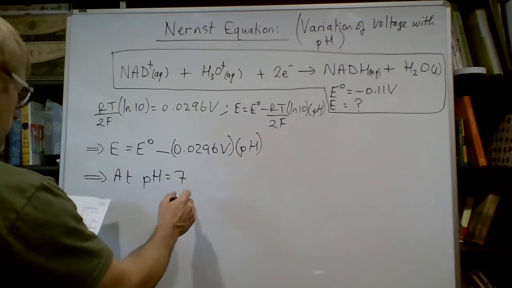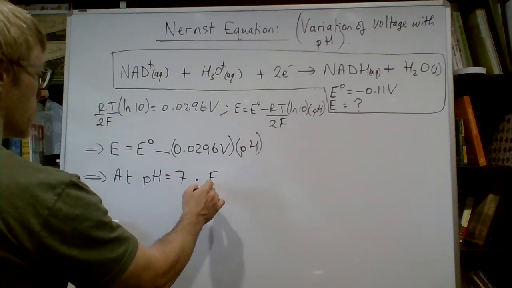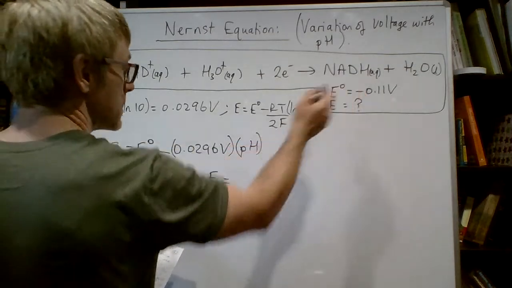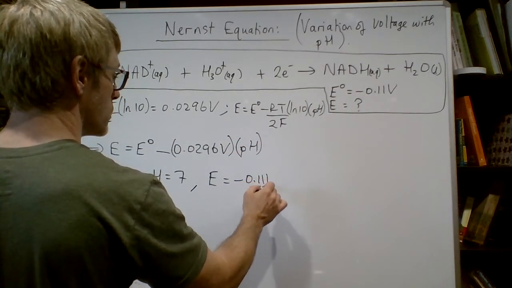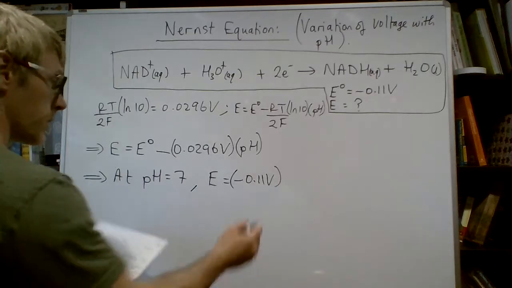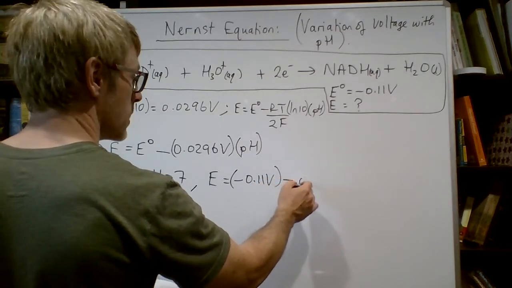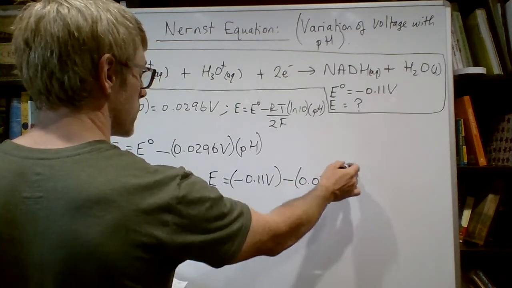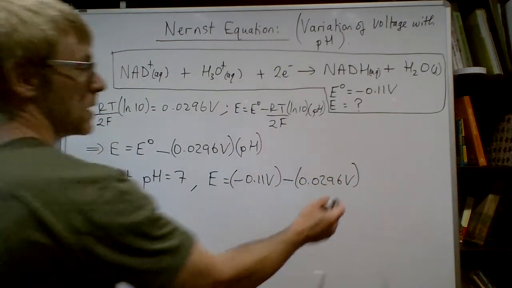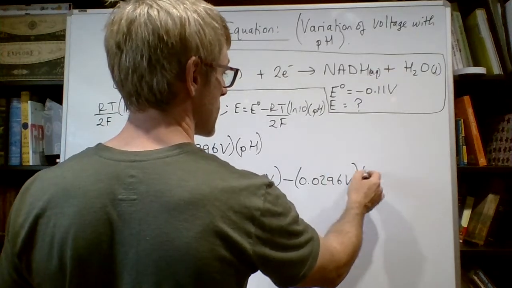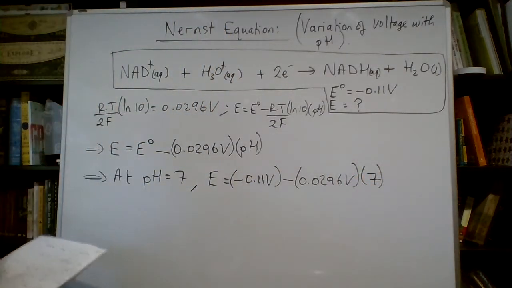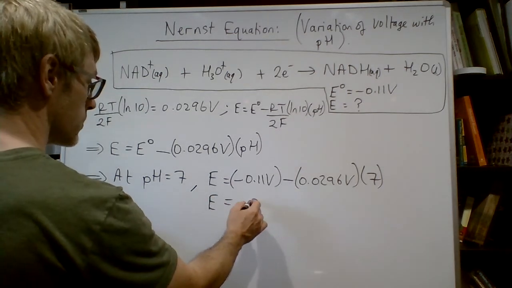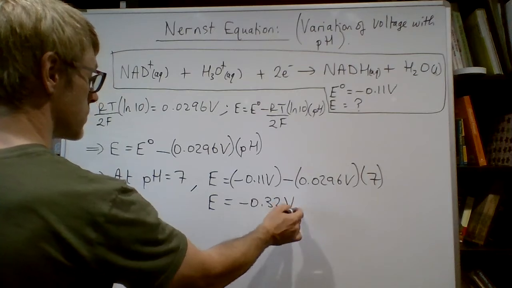So at physiological pH, E is equal to the standard value, negative 0.11 volts, minus 0.0296 volts, which is our correction value, multiplied by pH 7, which has no units. And that would give us an E equal to negative 0.32 volts.